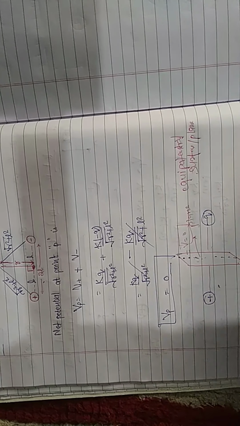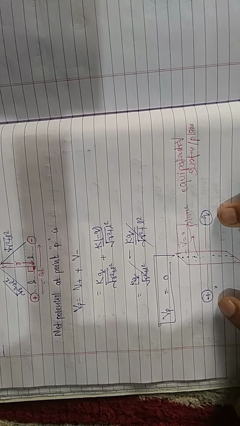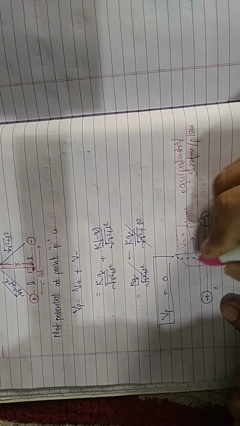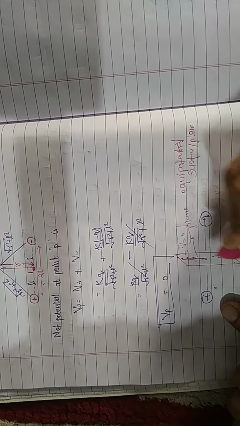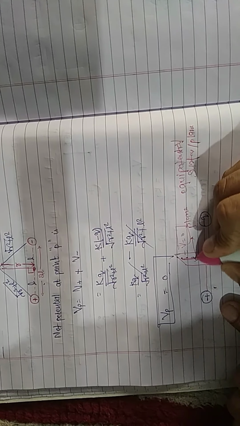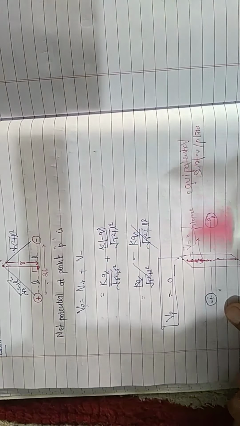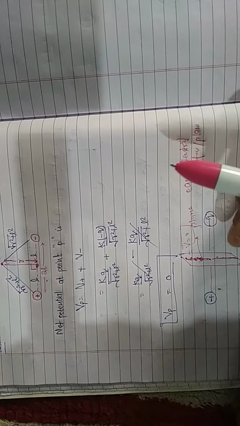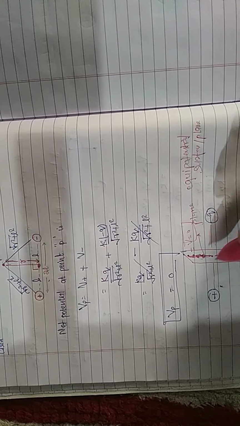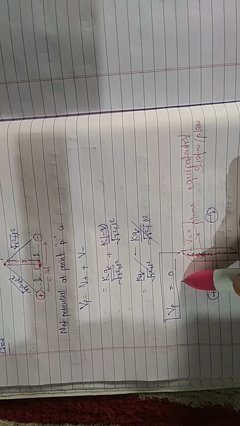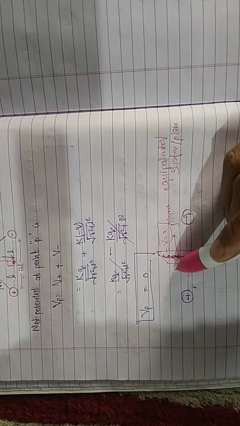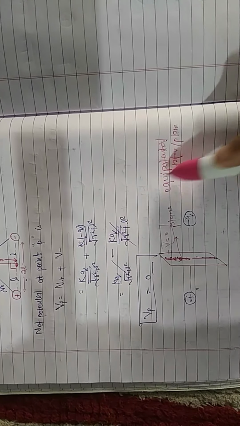So what is the meaning? Because of one positive and one negative charge, from the center the distance is perpendicular, anywhere we choose the point over the plane, the potential is what? 0. So that kind of plane is called an equipotential plane.